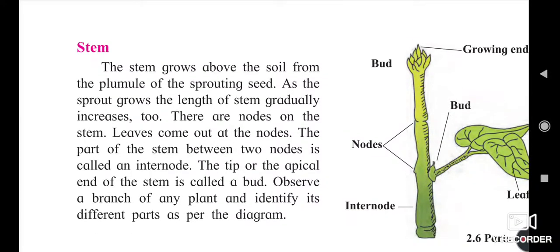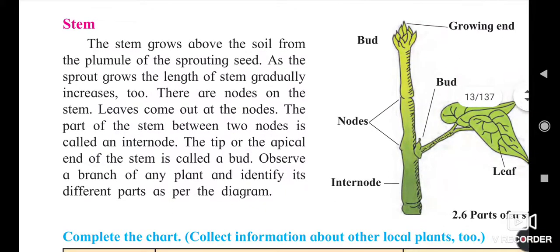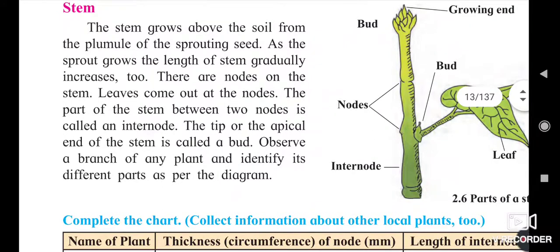As the sprout grows, the length of the stem gradually increases. These are nodes on the stem. Leaves come out at the node. The part of the stem between two nodes is called an internode.